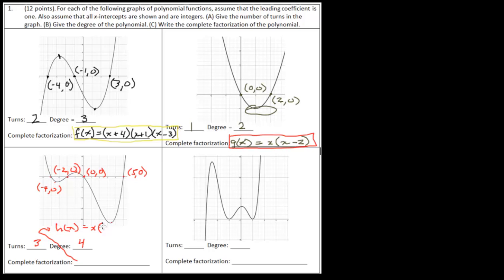This one over here, x plus 4. x plus 2 for that intercept, and x minus 5. So here's our answer for this one.